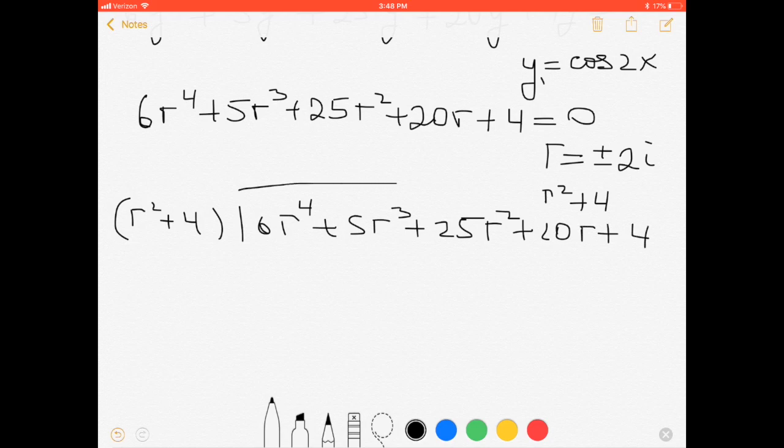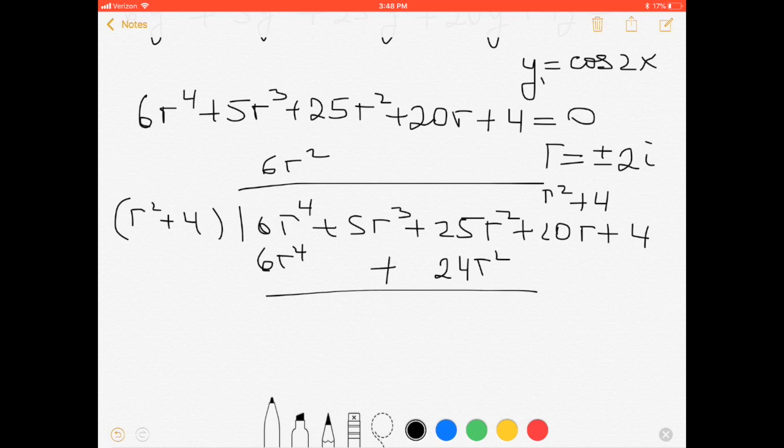The result will be 6r squared, which gives 6r to the fourth, and 4 times 6r squared is 24r squared. Subtract, you have r squared there, but I have 5r cubed before, so I have plus 5r.